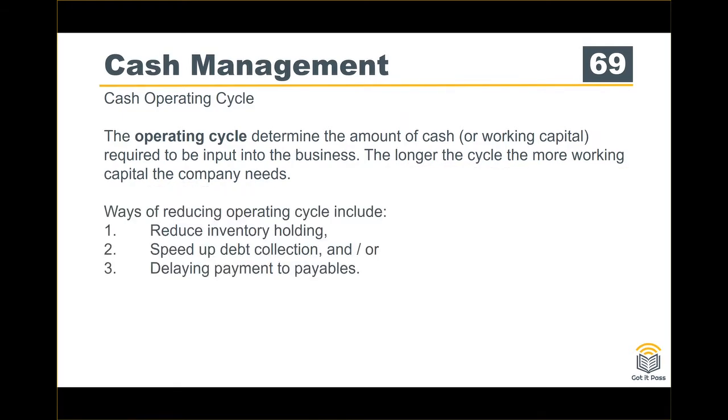And how to reduce the operating cycle? Just based on the formula we showed you before. First, you can reduce the inventory holding. It is the fast way to reduce the number of days in the operating cycle, so that it can help release the cash demand for financing the working capital.